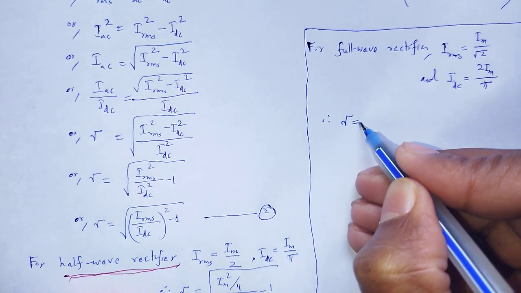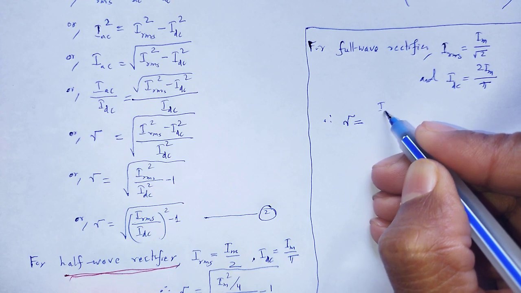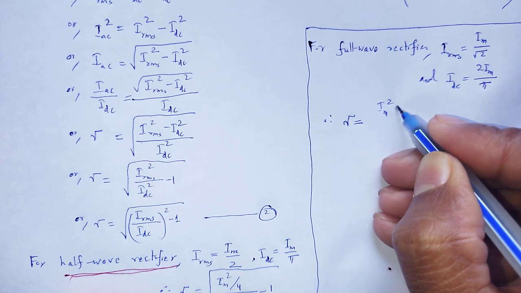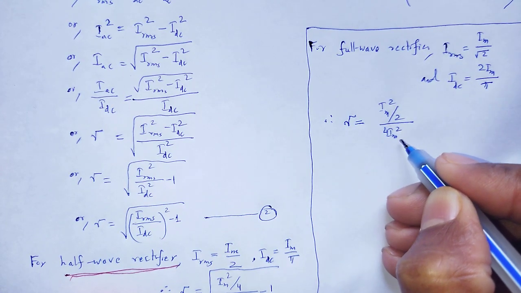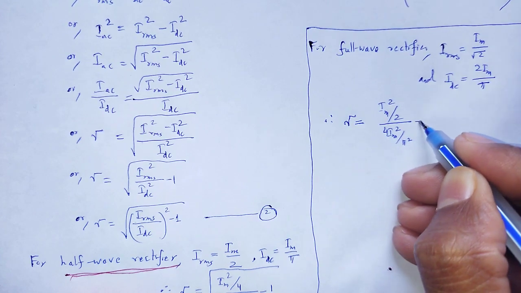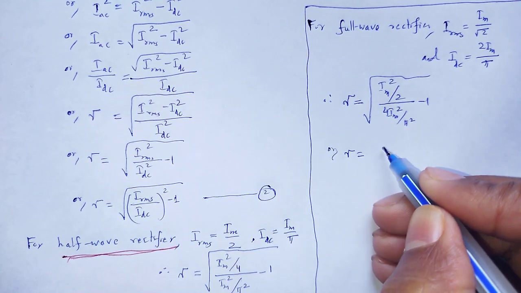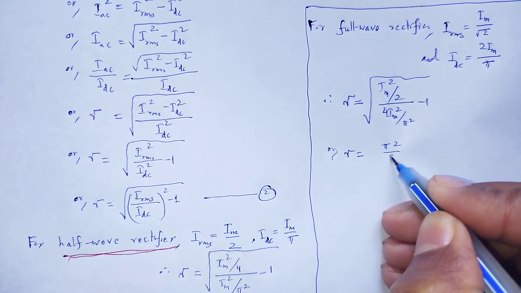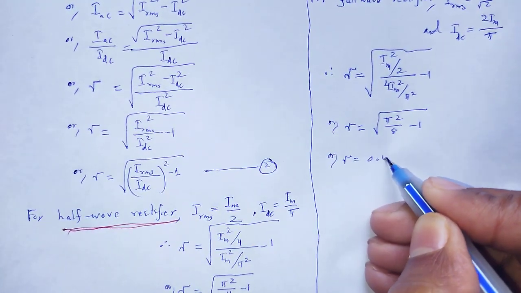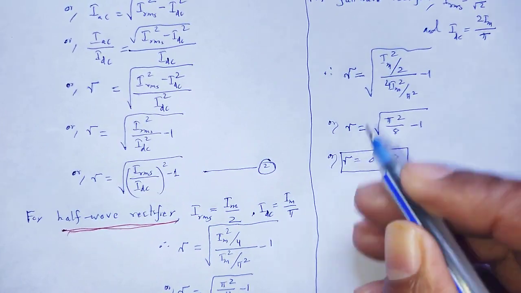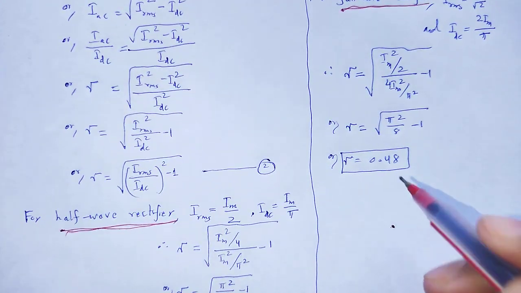Therefore, ripple factor gamma is equal to the square root of I M square divided by 2, whole divided by 4 I M square divided by pi square, minus 1, or gamma is equal to the square root of pi square by 8 minus 1, or gamma is equal to 0.48 for a full wave rectifier. That is the ripple factor.